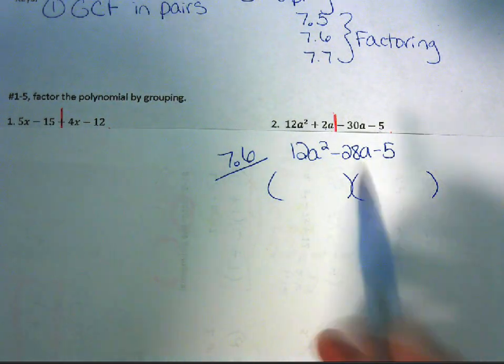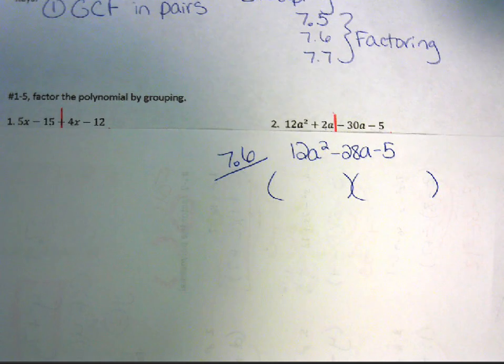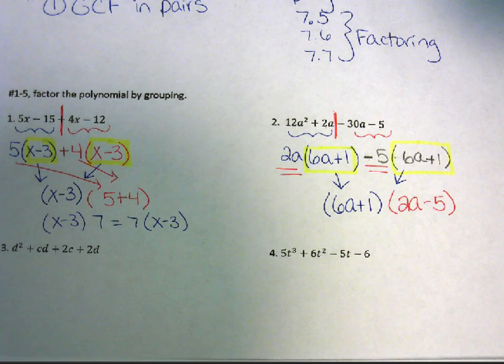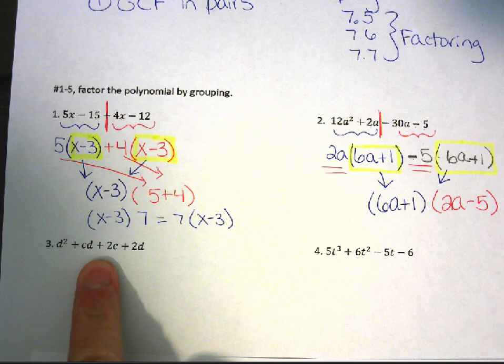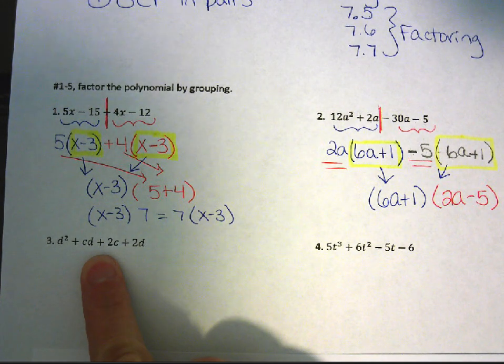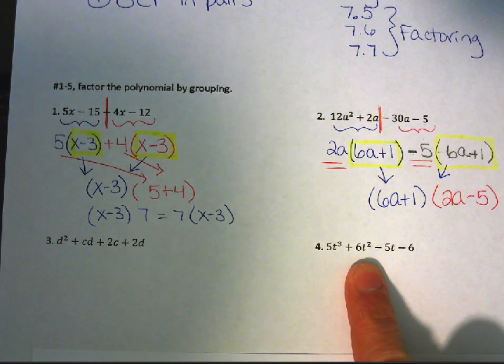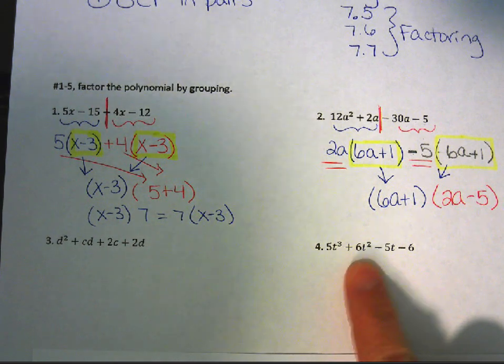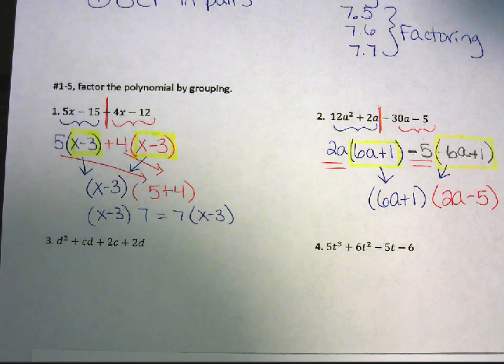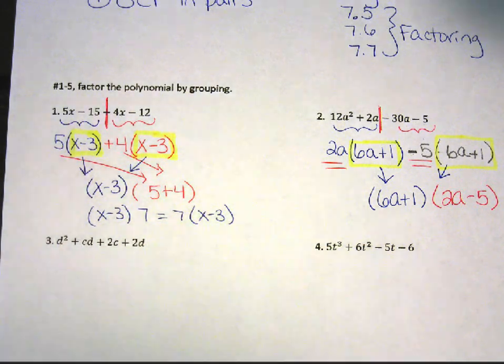So I realize there is a second way, but take a look at number 3. Number 3 has no like terms. You would not be able to combine. Number 4 has no like terms. You would not be able to combine. So you really need to have this idea of grouping down.